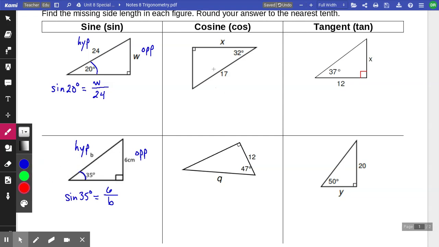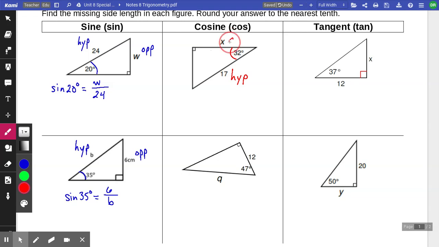Cosine, sorry, would be these middle two cases, because you notice in this top example, we have a 32-degree angle right here. So here's an angle that we have. And the two sides that are marked, one of them is across from 90 degrees. That's always the hypotenuse. And the other is the leg that touches that angle. It's the leg next to that angle.